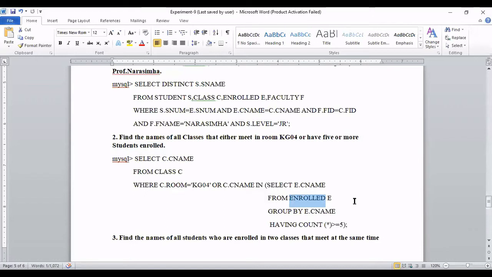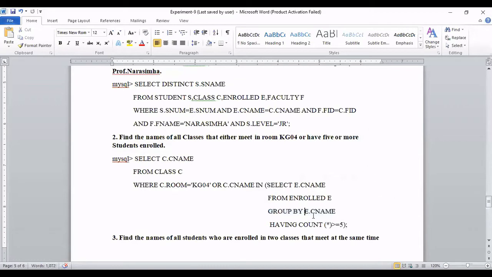So see here, if I select e.cname, where e is the alias name of enrolled, from enrolled e group by, this is important. Why have we applied group by? Because if you don't apply group by, we cannot find which classes have 5 or more students.